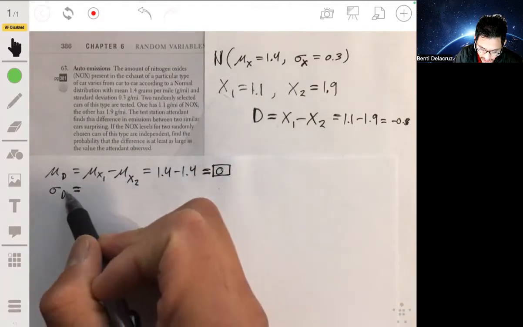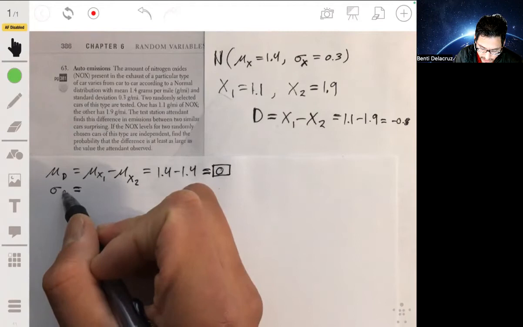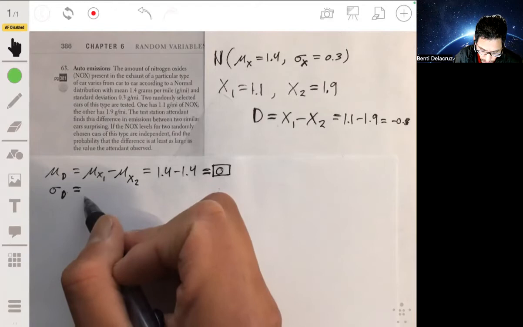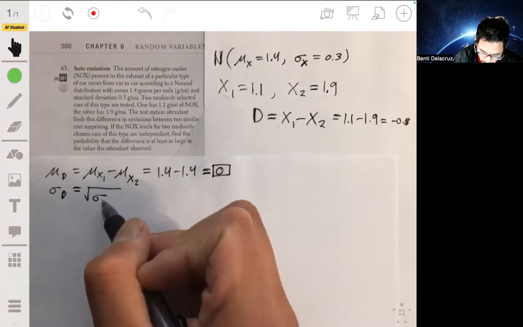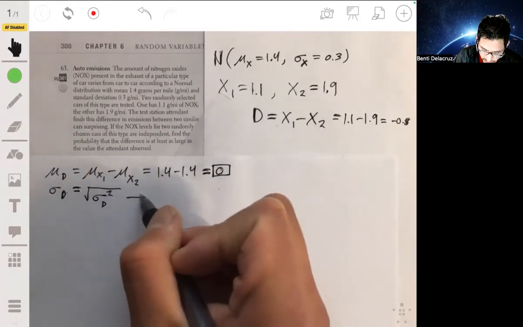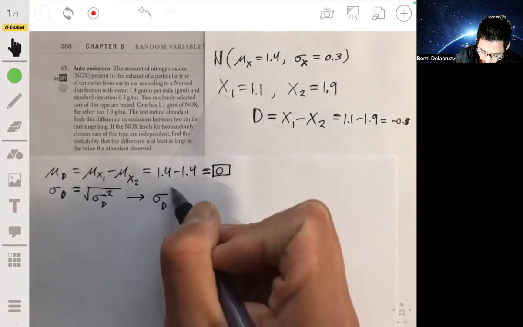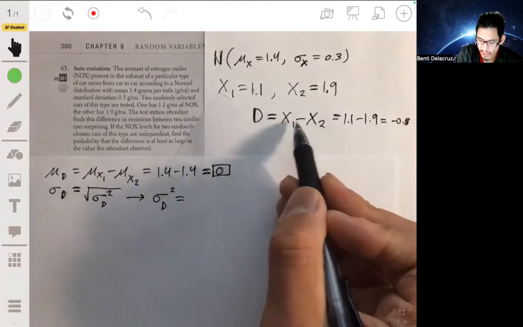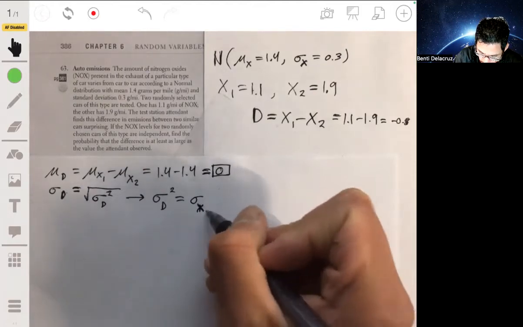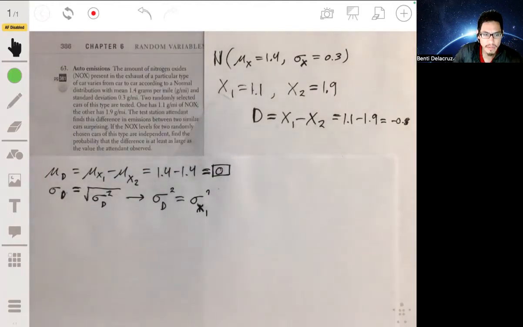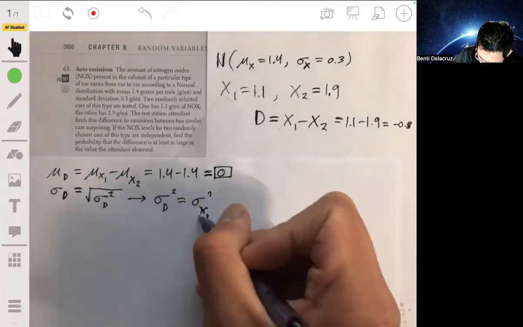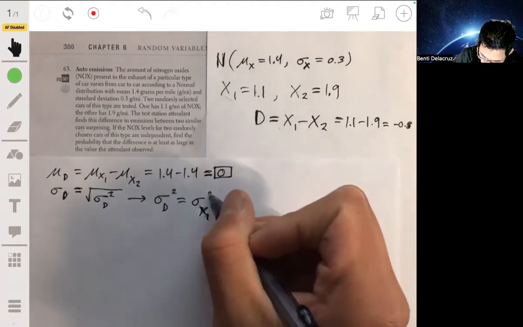Now we need to find the standard deviation of D, but we can't figure it out simply by finding standard deviations and subtracting them. We're going to need to find the variance of D and then take the square root. Because if you find the variance, you can use this formula. The variance of D will be the variance of X1 plus the variance of X2.